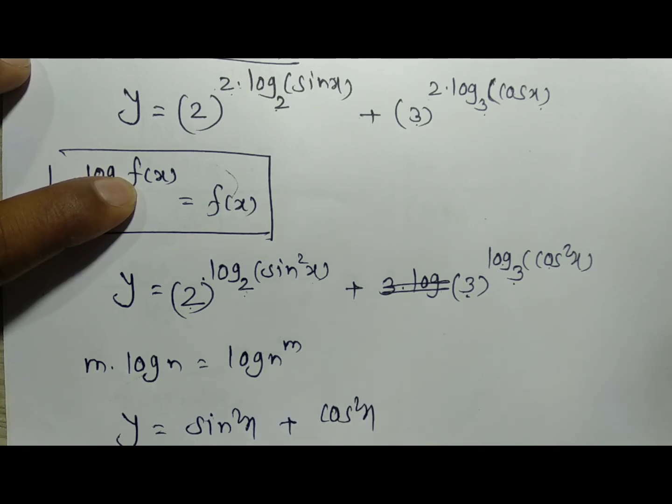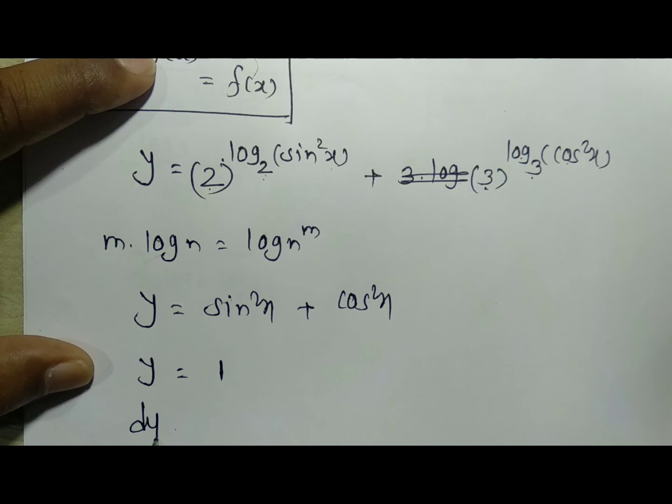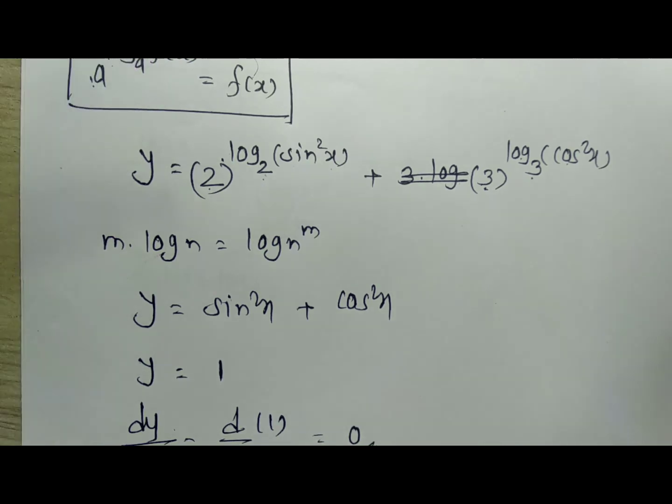Sin squared x plus cos squared x is nothing but 1, and therefore y is equal to 1. That means it is a constant, and y is a function of x, therefore dy by dx is equal to d by dx of 1, and the derivative of 1 is nothing but 0, and this is your answer related to that function.